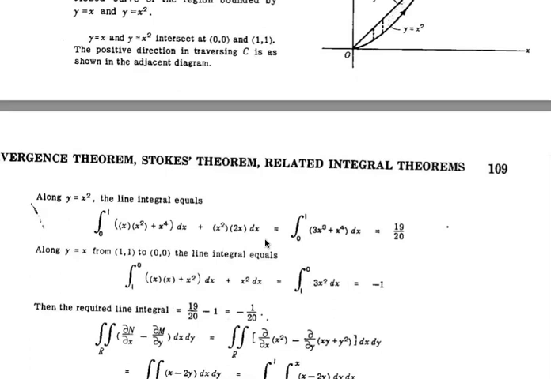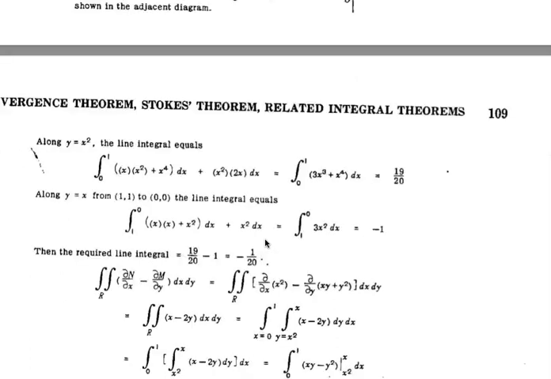Now, what he notes is the following: he's going to make the substitution. N is equal to x squared, and m is equal to the quantity x y plus y squared right there.